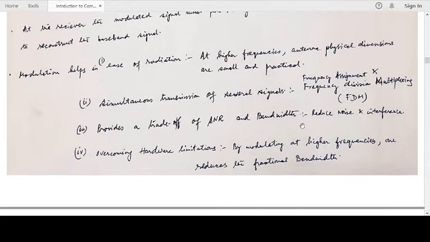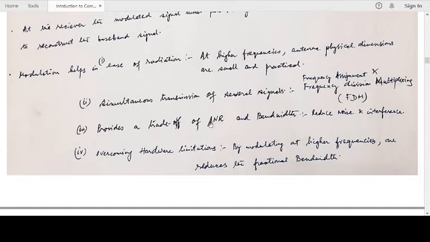Recall Shannon's very famous formula, which we just now studied, which is channel capacity is related to bandwidth times log of 1 plus signal to noise ratio. So I can improve upon SNR, or I can improve upon the bandwidth to achieve the same channel capacity.